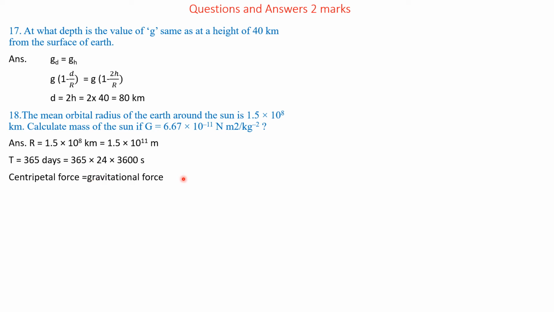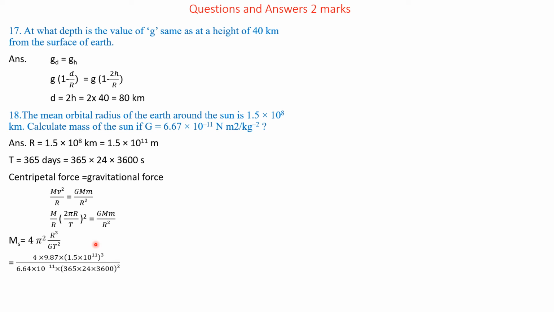And centripetal force is equal to gravitational force. Therefore, m v square by r is equal to G into capital M into small m by r square. Therefore, m by r into (2 pi r divided by T) whole square is equal to G capital M small m divided by r square. Therefore, Ms is equal to 4 pi square r cube divided by G T square.